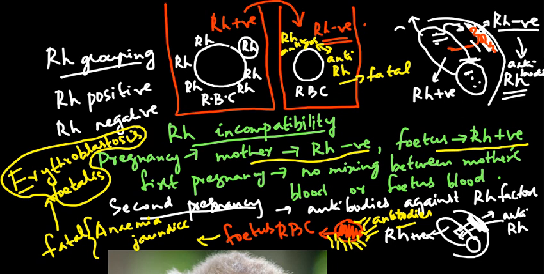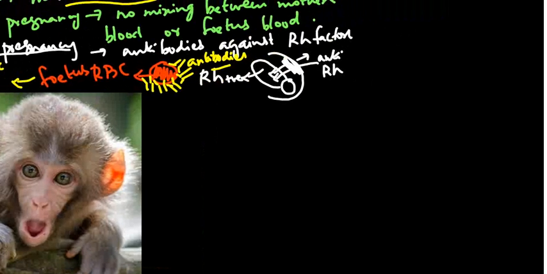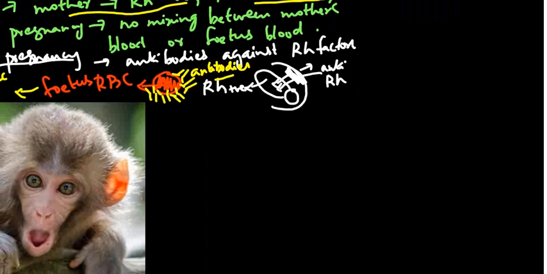Now, in order to prevent such further occurrence, immediately after the first delivery, in order to prevent the clumping together, anti-RH antibodies can be injected.